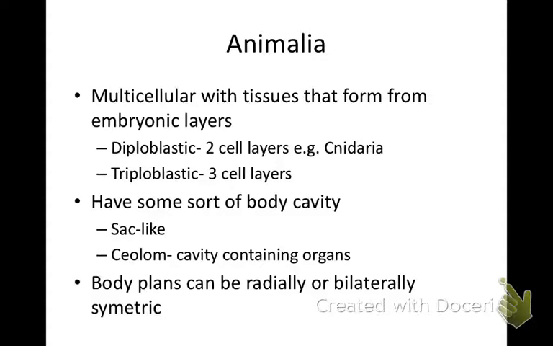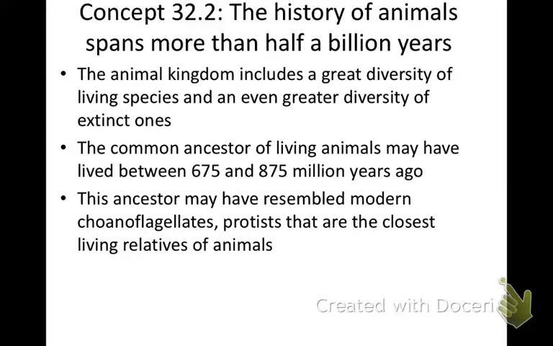All animals have some sort of body cavity, the simplest being a sac-like organization with a single opening that serves both as mouth and anus, or a coelom, meaning a cavity that contains organs. And the body plans of animals can be either radially or bilaterally symmetric.